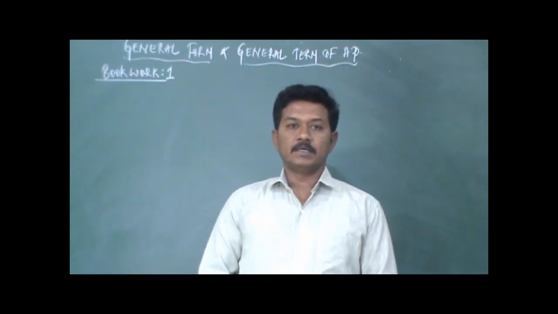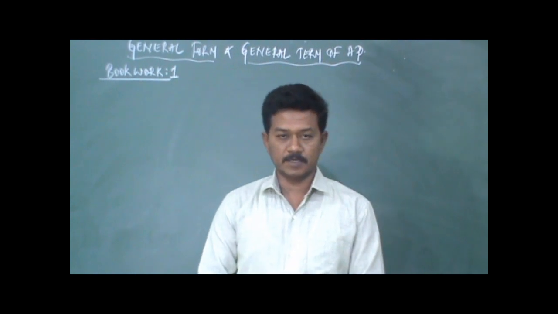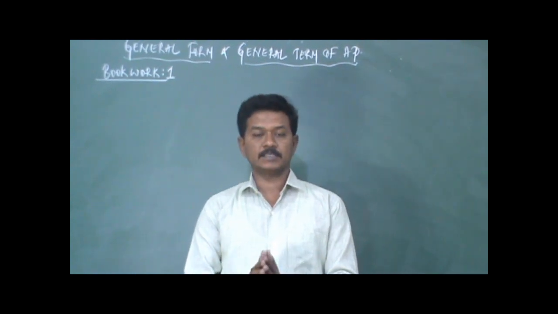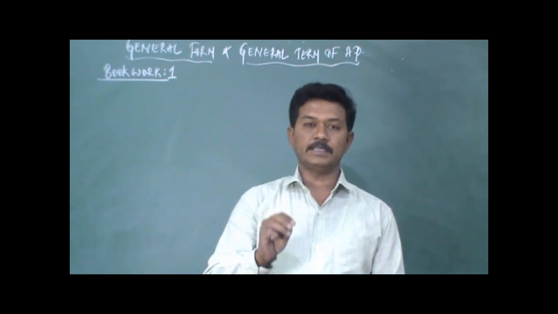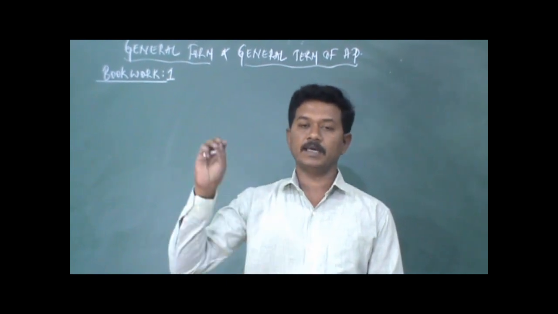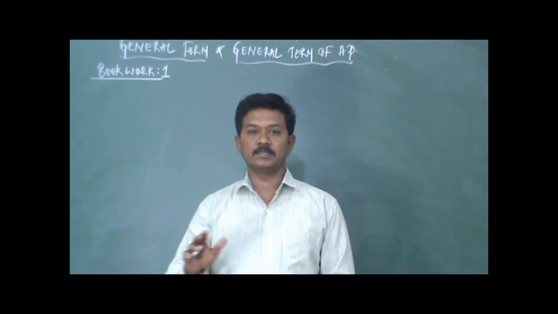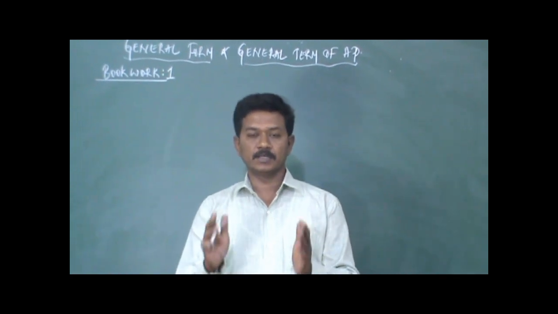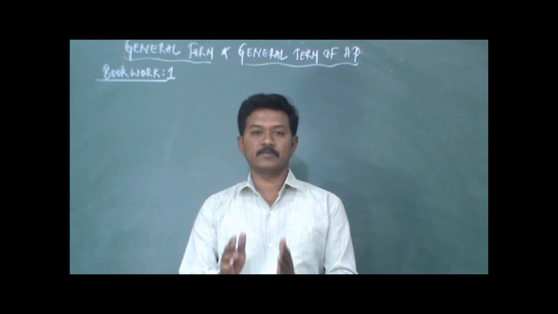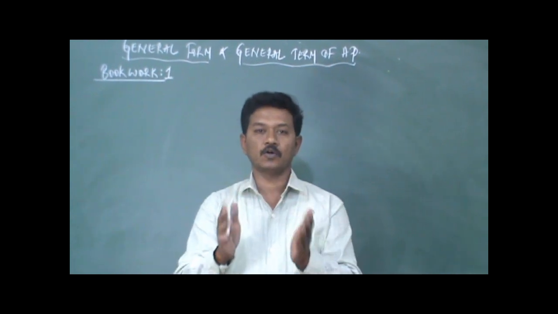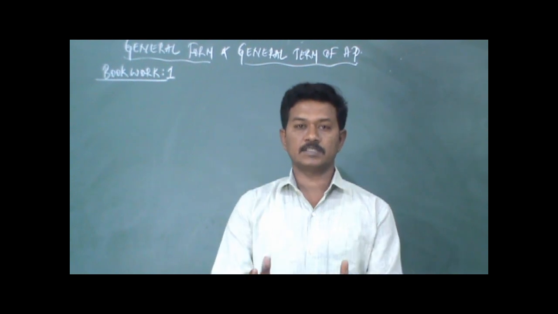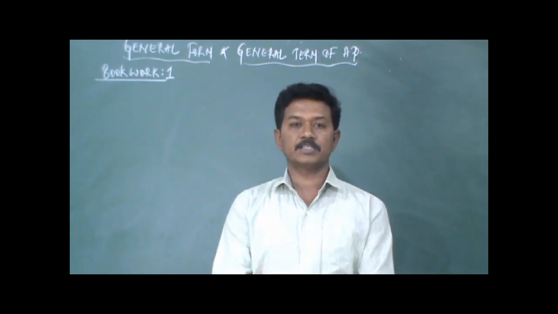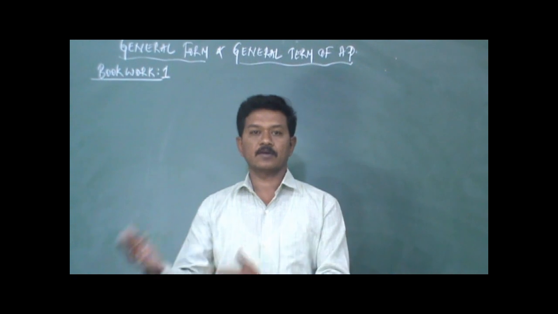Now, this is the very important part of arithmetic progressions. In this module we are going to derive the formula used to find the nth term of an AP. Nth term of an AP in the sense, how each and every term of an AP looks generally, based on its first term and common difference.